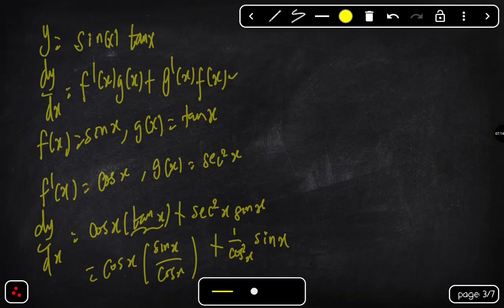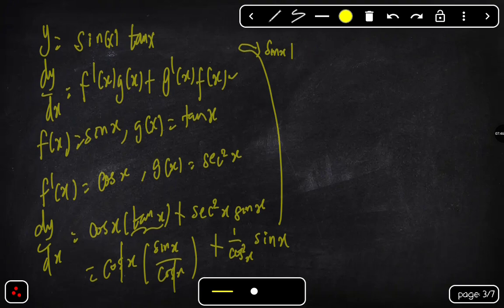What do you notice? Cos x, we cancel cos x. So what we have now will be sine x, then plus 1 over cos square x can be written as 1 over cos x multiplied by 1 over cos x multiplied by sine x.